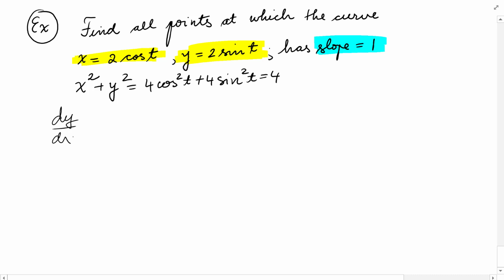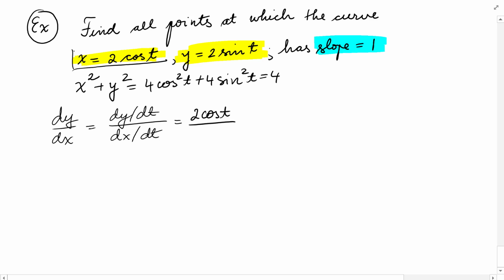dy/dx is actually dy/dt over dx/dt. So dy/dt is 2 cosine t, and dx/dt is differentiating x, so we get negative 2 sine of t, which gives us negative cotangent t, but that is equal to 1 because it was given in the problem.